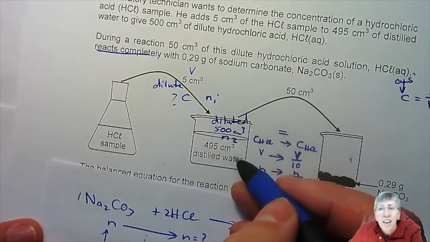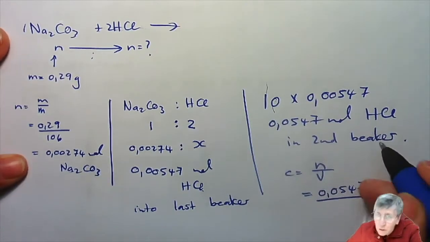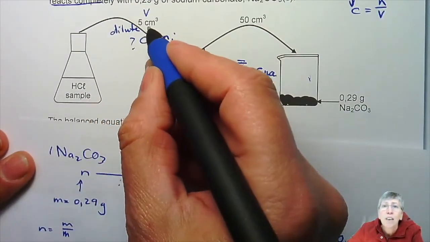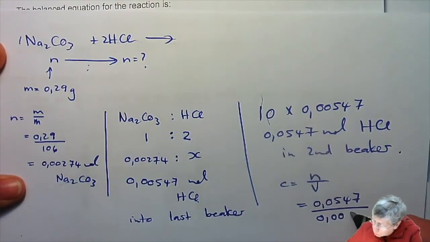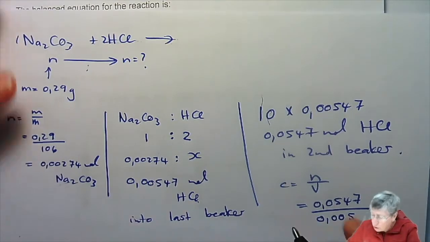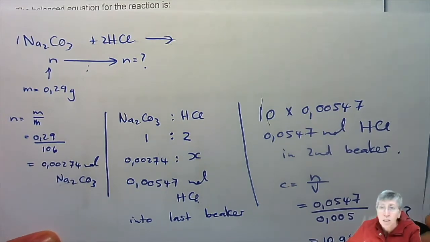The only thing that I added was water. And now the volume. The volume that I put in was 5 cubic centimeters, so that would be 0,005. And if you do that, you end up with a 10,94 mole per cubic decimeter concentration.